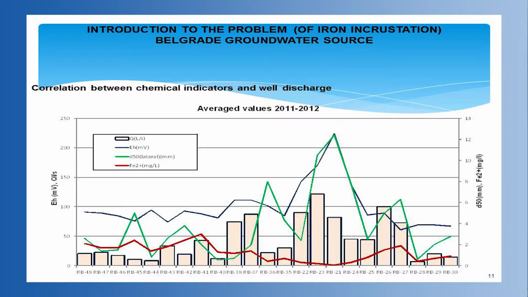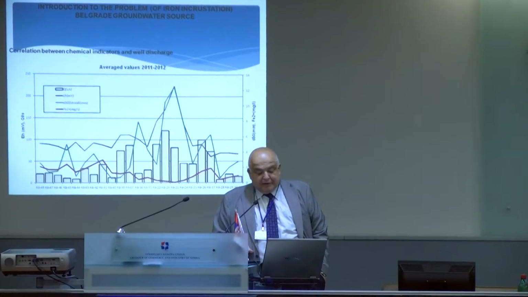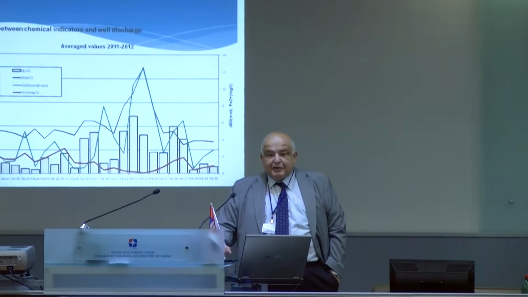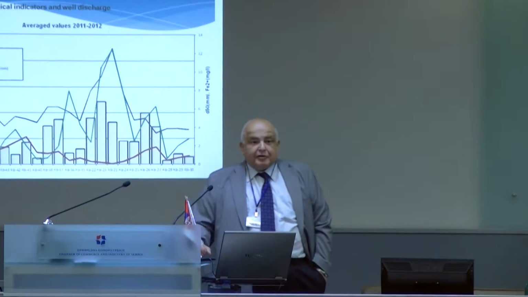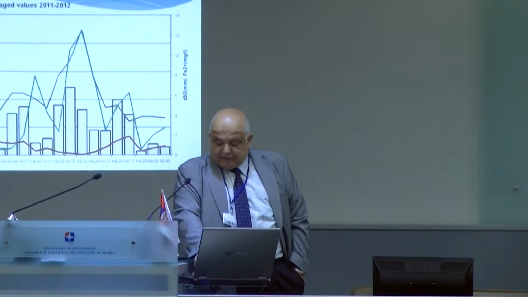You see, good discharge means good redox, and also relatively high D50 grain size. At the same time, ferric iron is very low. Where the redox is high, also the ferro ion is very high. Also, it's very interesting, and it actually shows the behavior of this phenomenon.